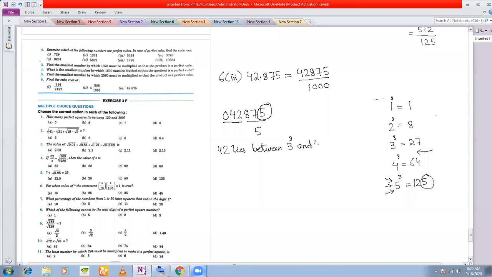If 42 lies between 3 cube and 4 cube, we choose the lower of the two numbers, so we choose 3 as our number. We write a 3 here. So therefore 42875 is nothing but 35 cube.